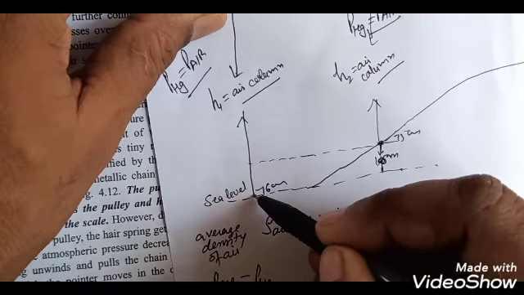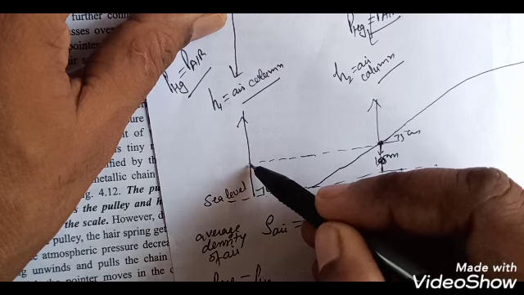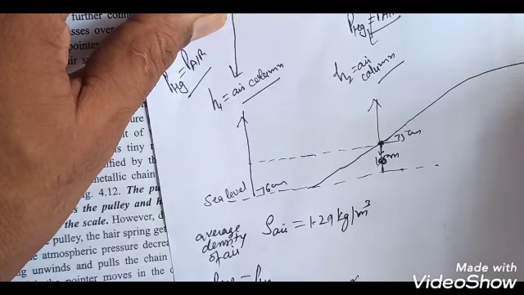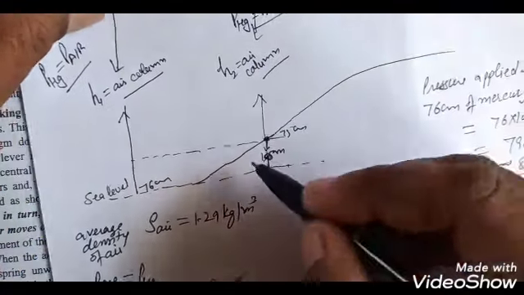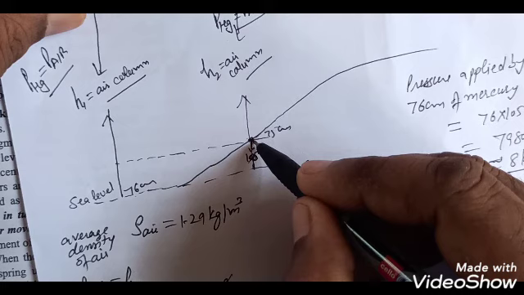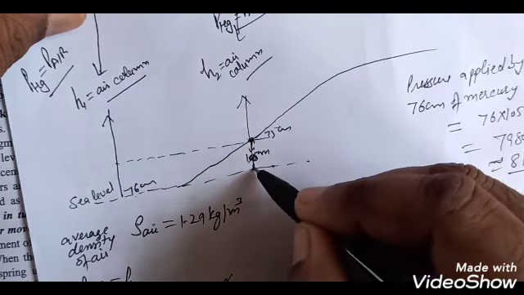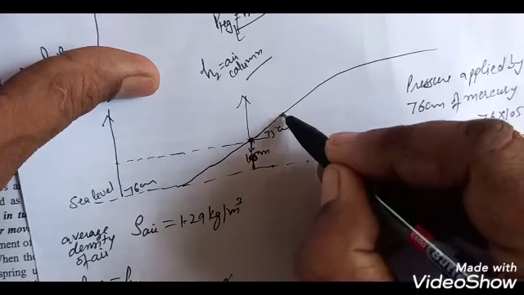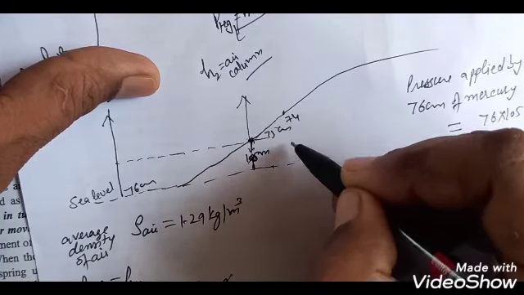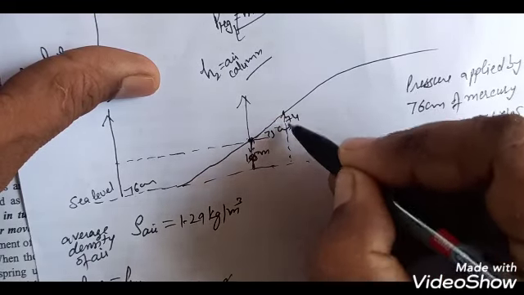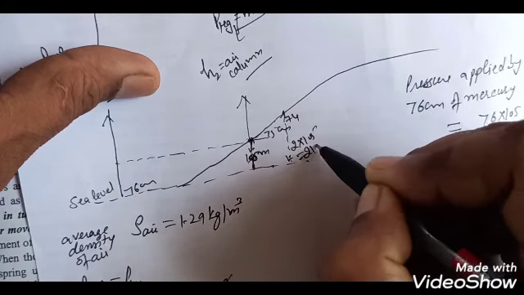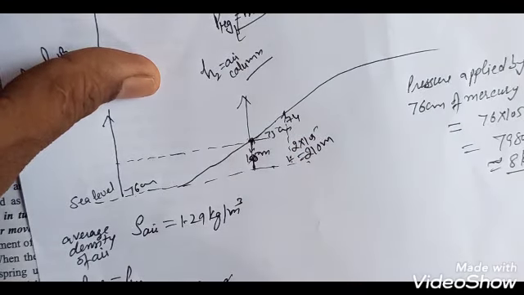You can go straight up also, by having some kind of lift, right? Then also pressure will decrease by 1 centimeter after 105 meter in the upward direction. So pressure falls by 1 centimeter means we move up by how much vertical height? 105 meter. If you reach somewhere here where the pressure is 74, then how much height have you moved up? Double: 2 into 105, that is 210 meter.